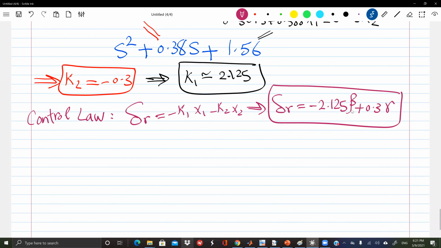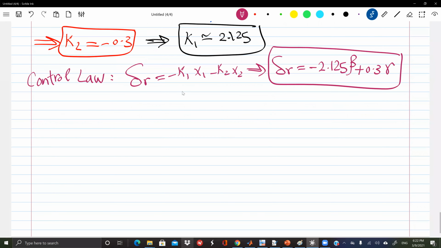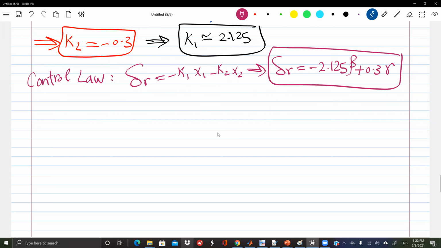Please measure beta every time, and the yaw rate using another gyro every time. Just substitute in this equation to get the right amount of rudder deflection that should be applied continuously during flight. Okay. Let's now try to illustrate from physics. When you apply delta rudder to your airplane, you get what?